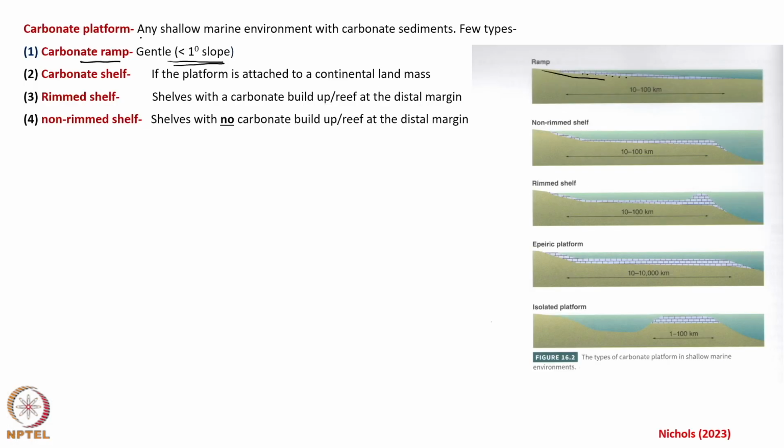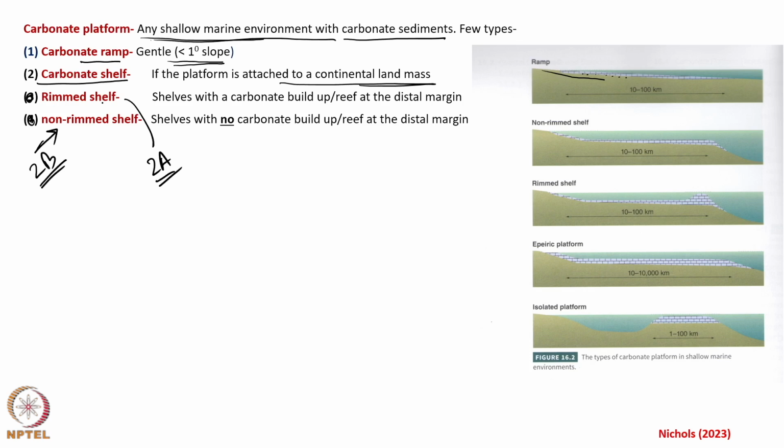A carbonate platform is any shallow marine environment with carbonate sediments. Let us look at the carbonate platforms and the different kinds of succession. Let us define what a carbonate ramp is. It is a coastal slope with a gentle slope of less than 1 degree, such as this, and over here carbonate has been deposited. The carbonate shelf is a platform attached to a landmass, and there are two types, rimmed shelf and non-rimmed shelf.